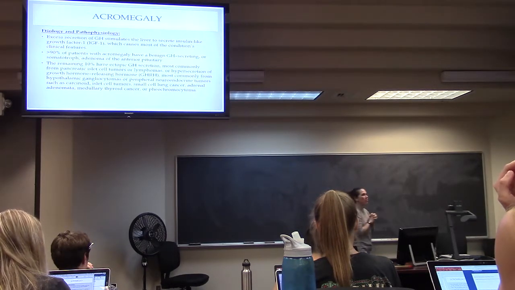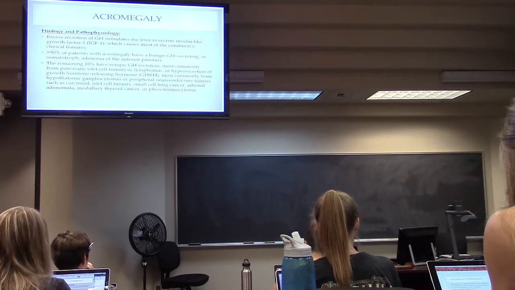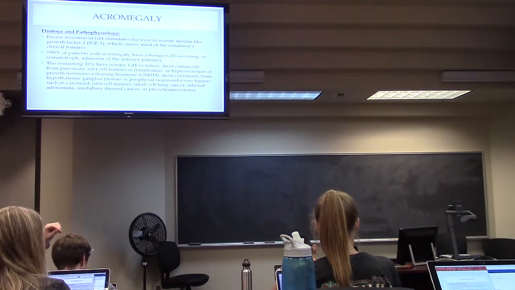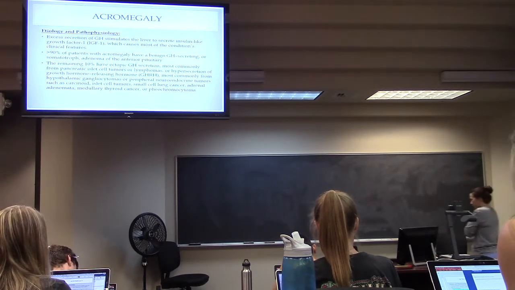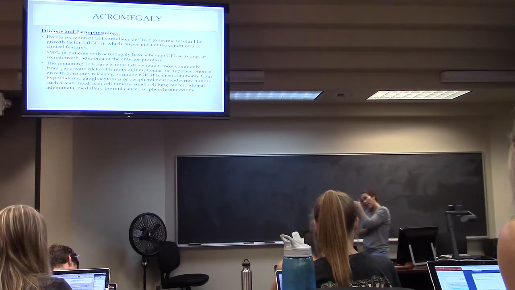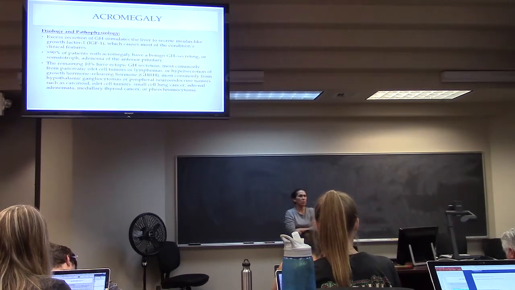So the main reason, greater than 90%, is a benign growth hormone secreting adenoma of the anterior pituitary. The other individuals, the remaining 10% or less, have an ectopic growth hormone secreting tumor somewhere else in their body.